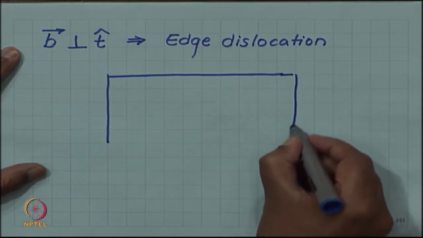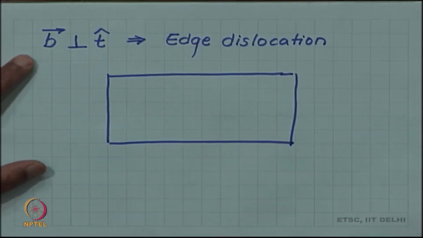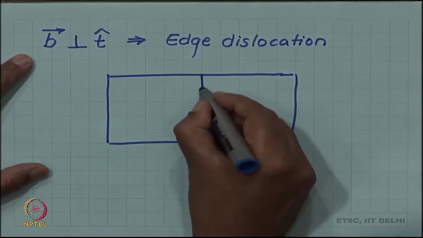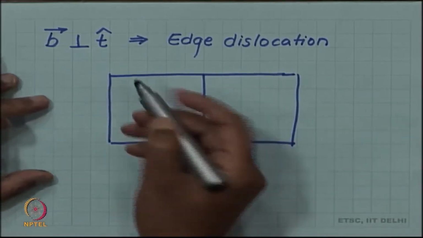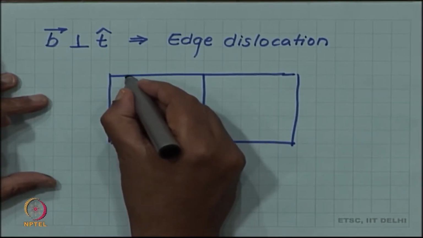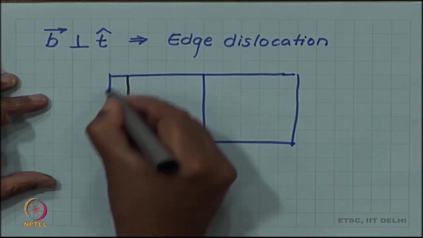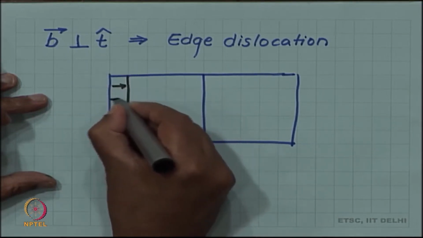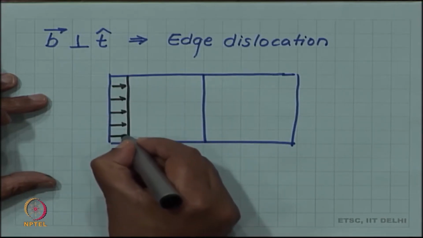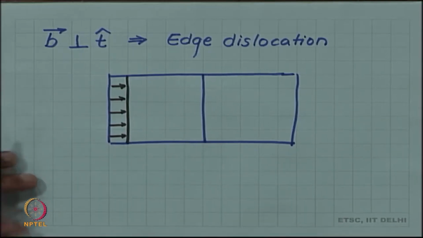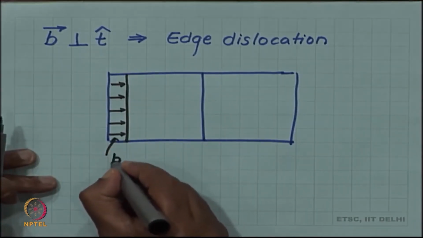If we picture it in our slip picture, this was the boundary, and when I created a slip, from the top view, the first plane went to the position of the second plane, and this was the magnitude and direction of the slip.